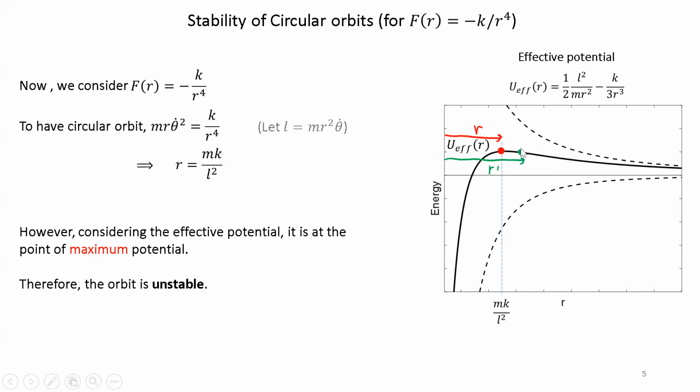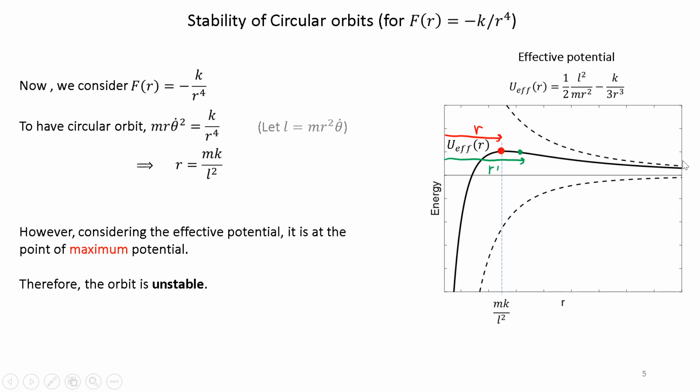Now you can try to again see the effective force, but without taking the derivative, you just have to picture that the particle will always try to roll down to the region where the effective potential is decreasing. So once you displace the particle over here, it must keep going like this, going out indefinitely to infinity.